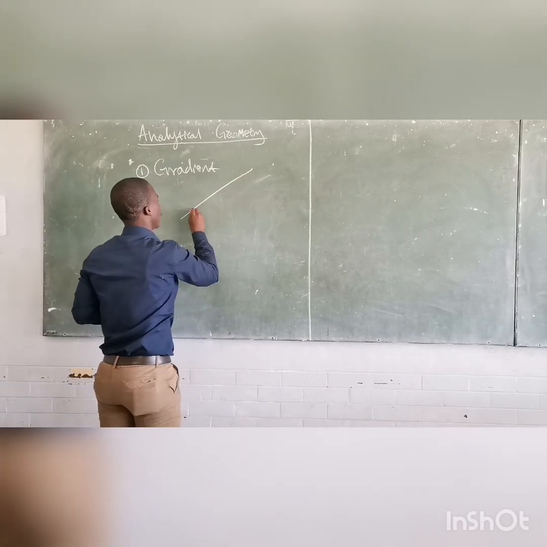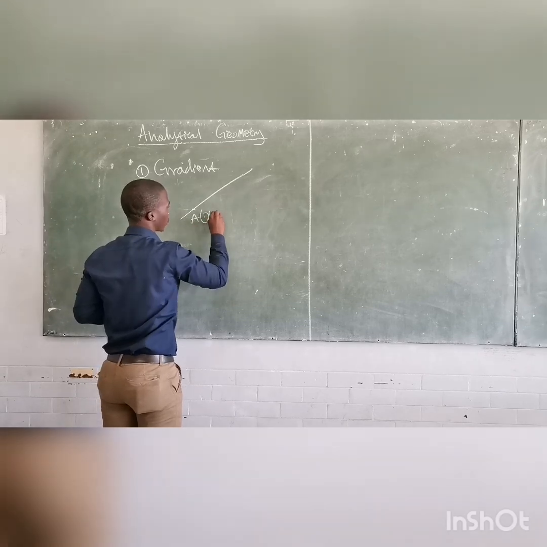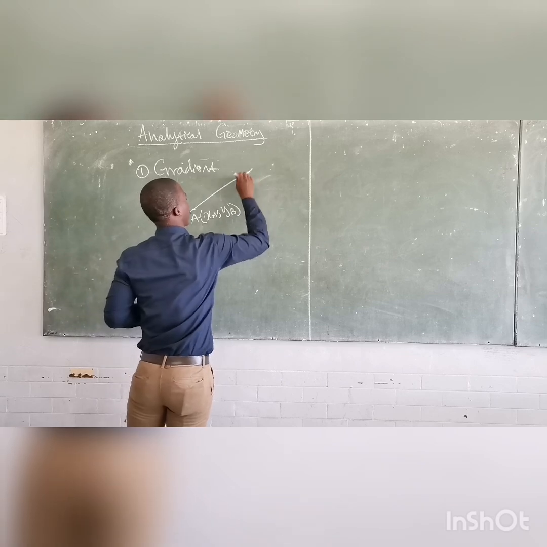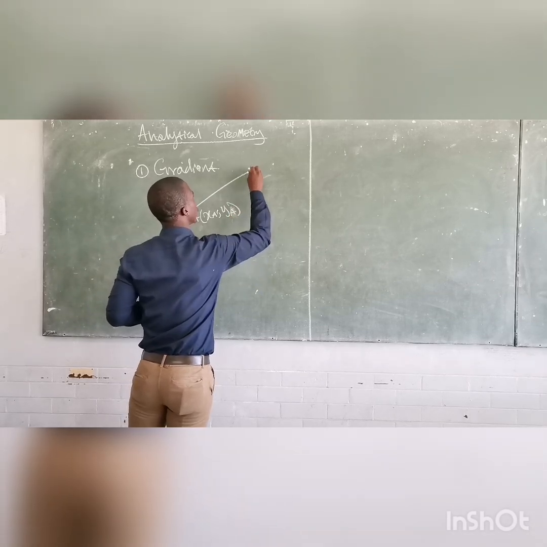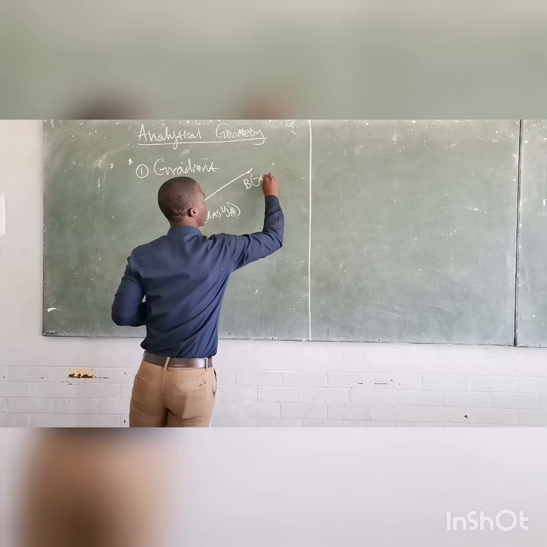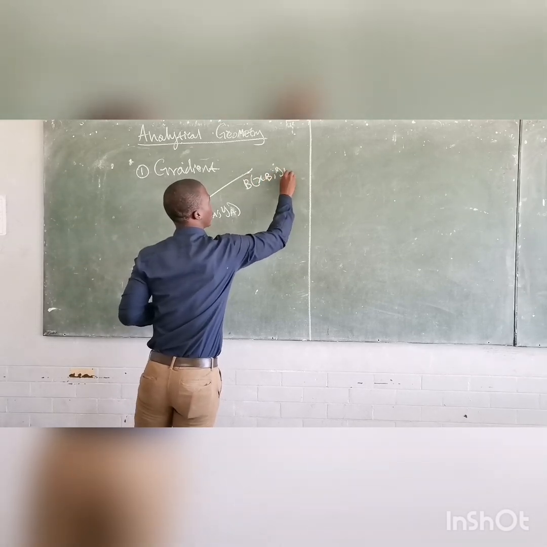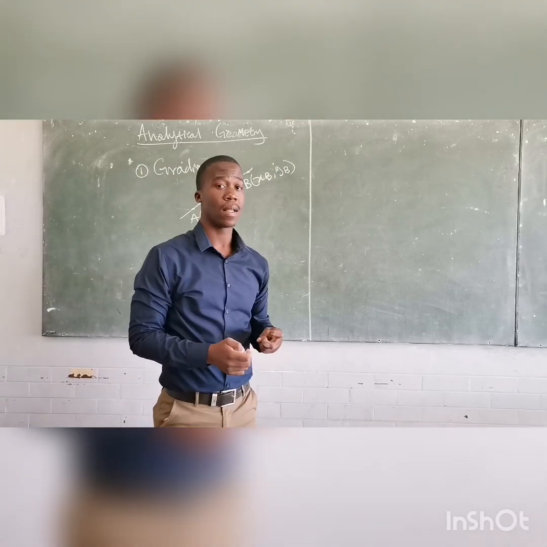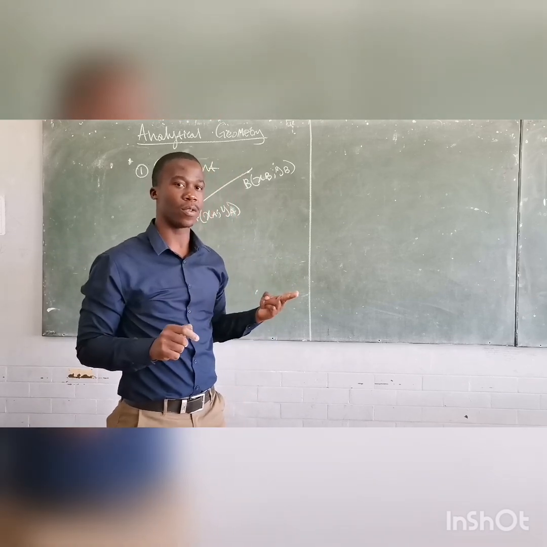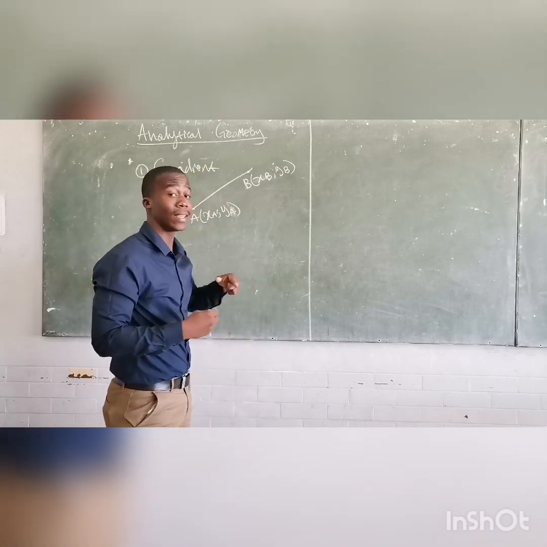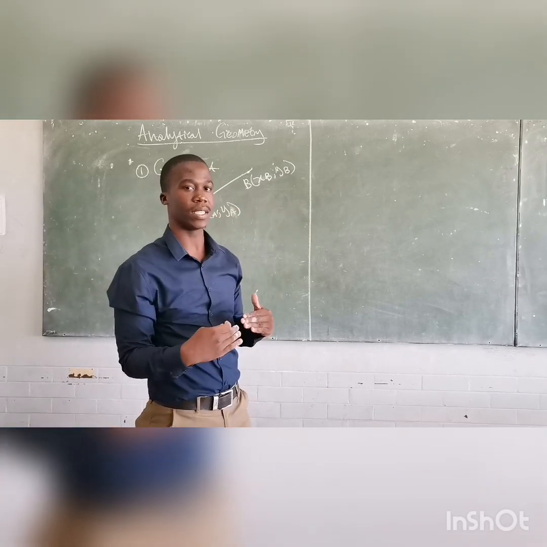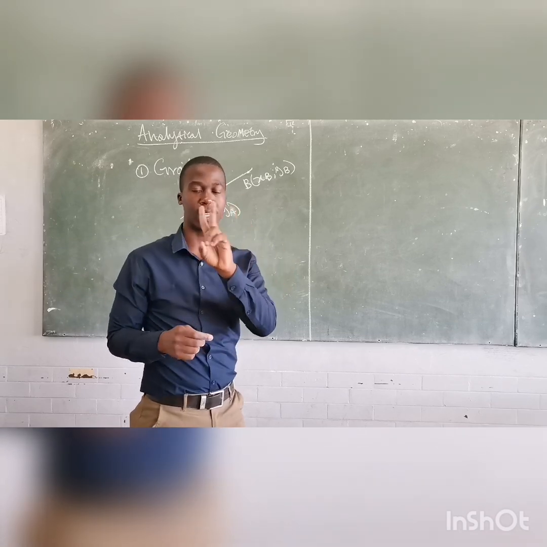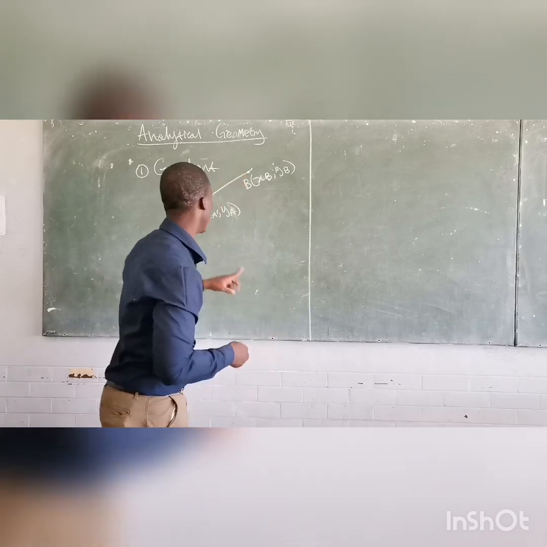Let's say there is point A and there is point B. To find the gradient, firstly you must have two points, an x value and a y value, because basically gradient is changing y over changing x. So definitely you need to have two points, right?